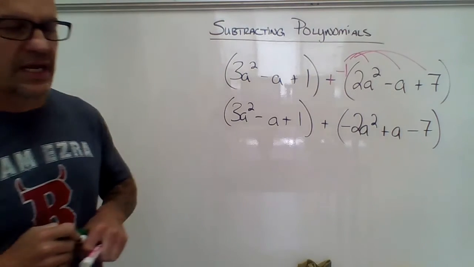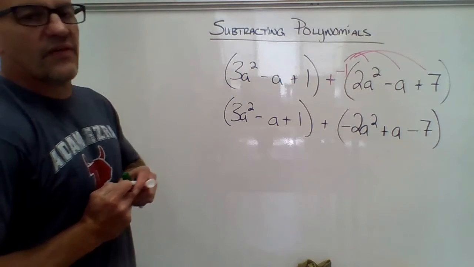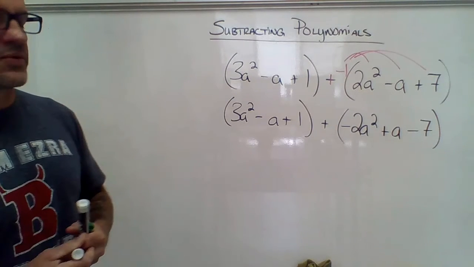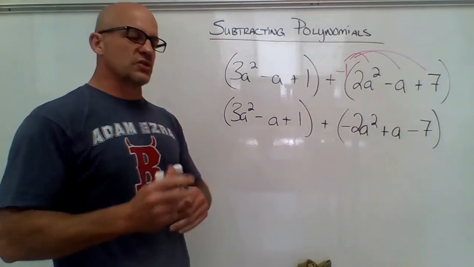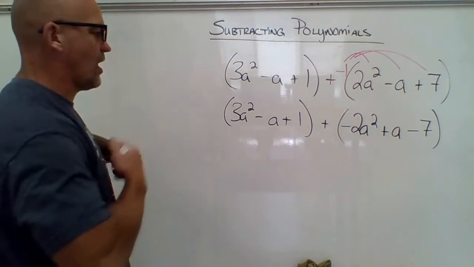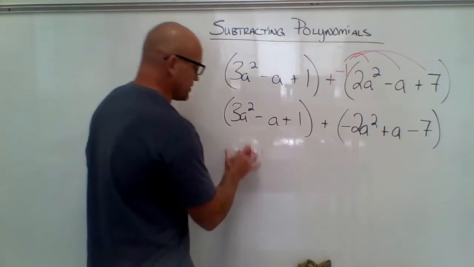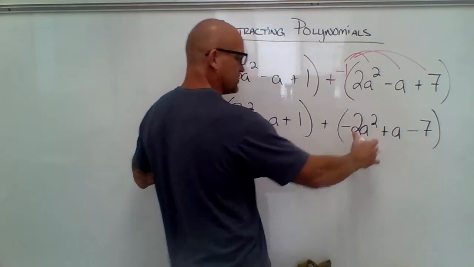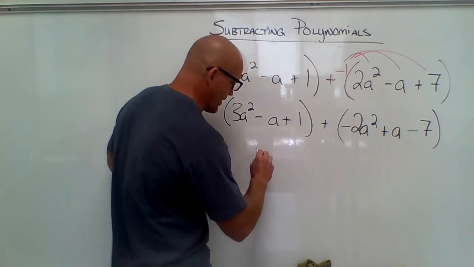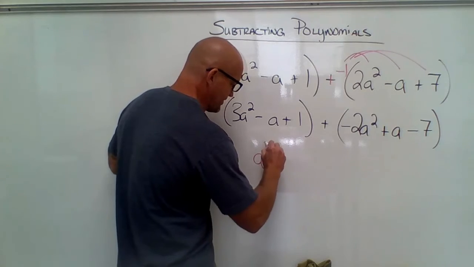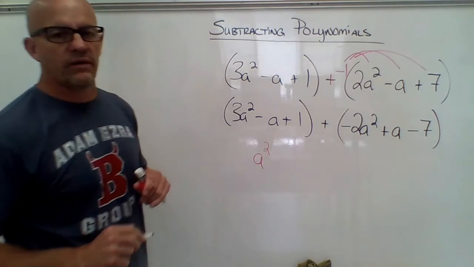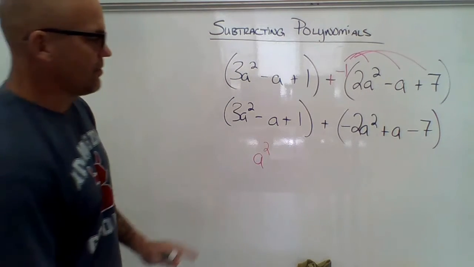Hopefully that's pretty easy. Now we're going to identify our like terms, and we're going to combine them. I'm going to start moving away from all the circles and all that stuff. We've practiced this for a while now. So I'm going to find my like terms, my 3a squared, my -2a squared. That, of course, is 1a squared, or just a squared. You usually don't put a coefficient of 1 in front. If you do, that's fine. I don't mind.